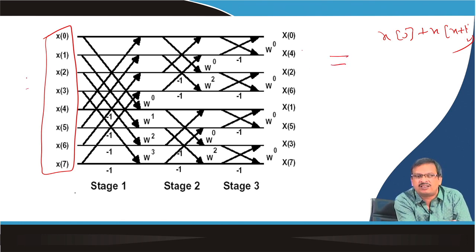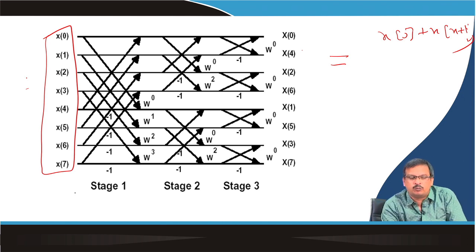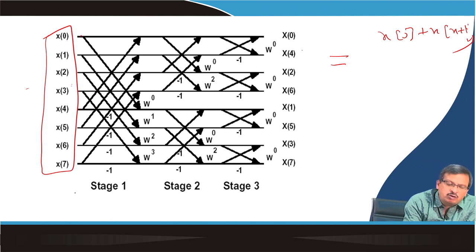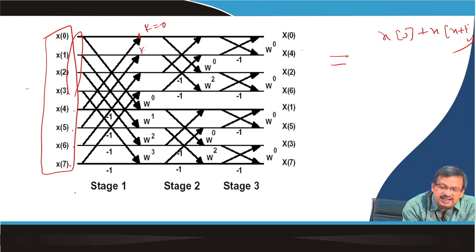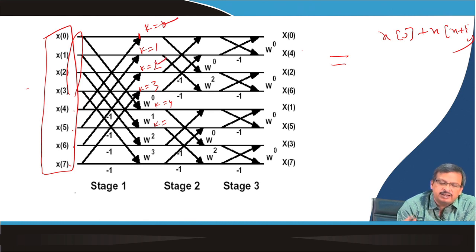Here I am flowing the signal from input to output. How? So, 0 to 3, 4, 5, 6, 7. If I say this is my k index 0, k index 1, k index 2, k index 3, k index 4, k index 5. So, if I say this is an even index, this is an even index.